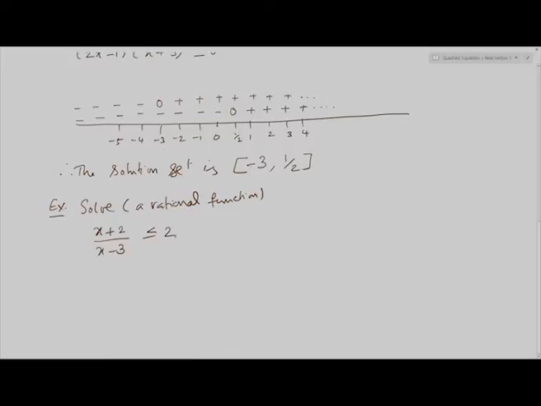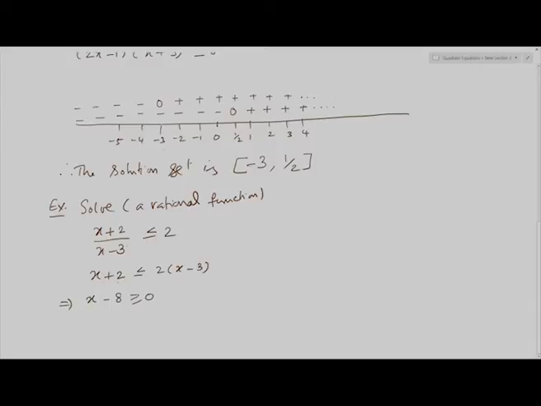If I start with this, x + 2 ≤ 2(x − 3), if I cross multiply. Then, if I bring everything to one side, it becomes x − 8 ≥ 0.